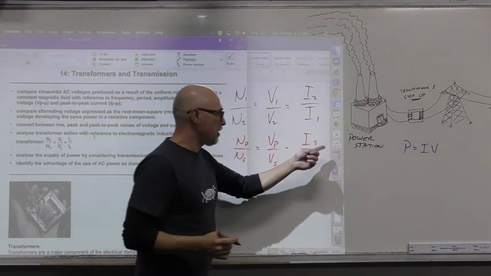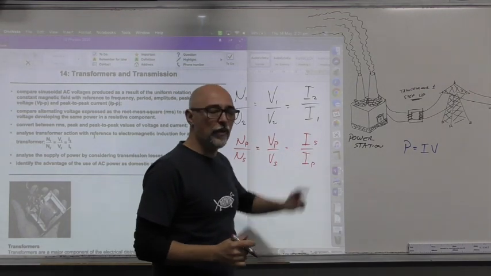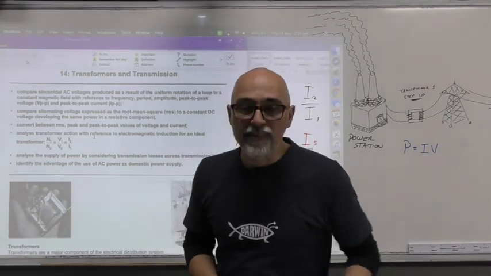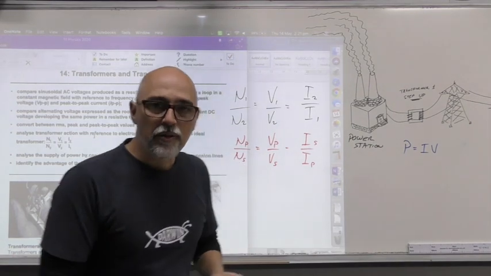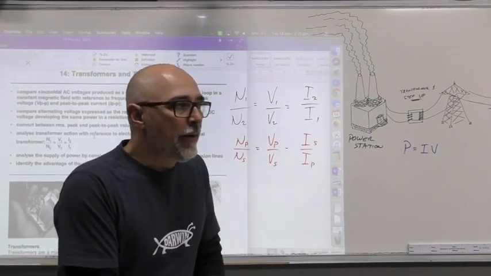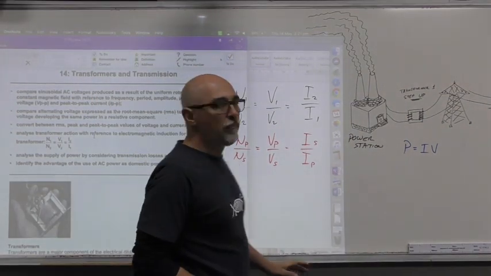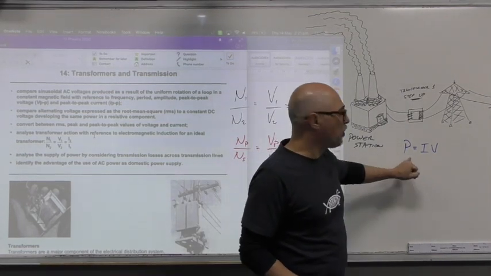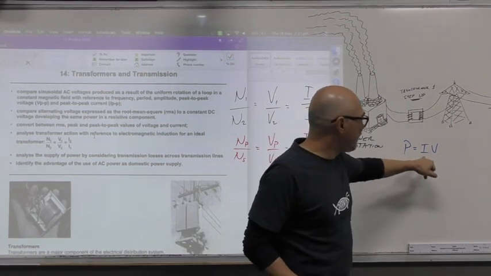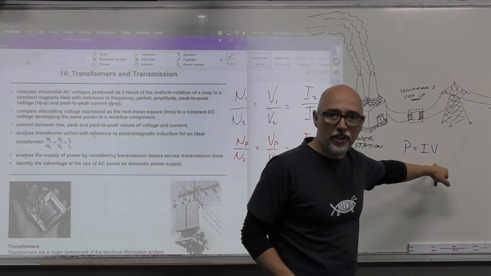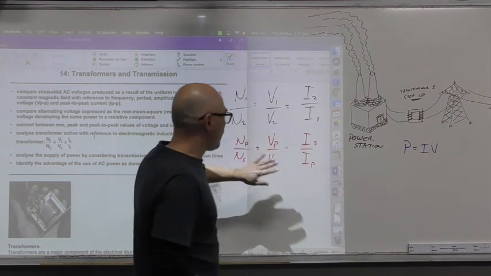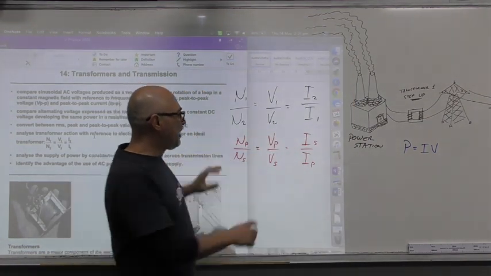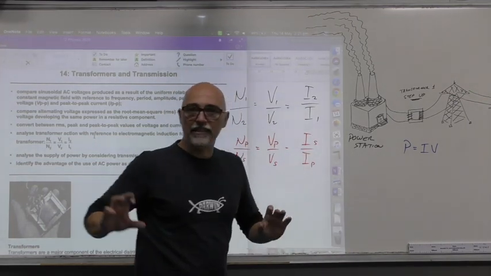Okay. Now this makes sense where the currents are the reciprocal of the other two, because when you think about it, when you go over to P, can you see it over here? P equals IV. If current goes up, voltage goes down, okay? So when one ratio increases, the other one decreases, all right?